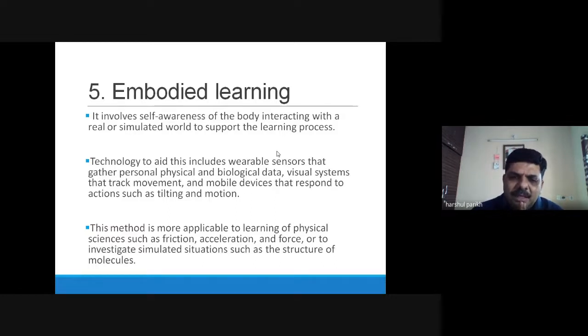The only thing is that this method is more applicable for physical sciences like friction, acceleration, force, or to investigate simulated situations such as the structure of molecules. So it is also helpful in chemistry, right? So embodied learning involves technology.